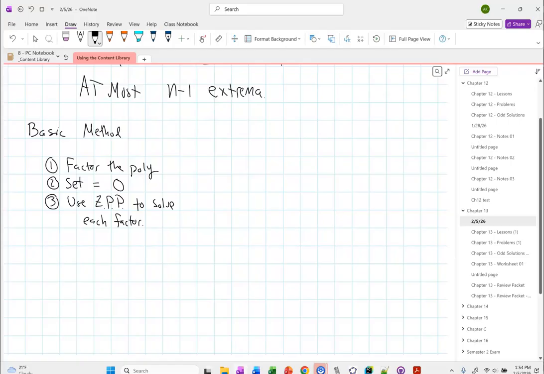And then we're going to use the zero product property, I've abbreviated that as ZPP, to solve each of our individual factors. So that's just a basic outline of the procedure we're going to use. What's the hardest part about this procedure? It's going to be factoring these.